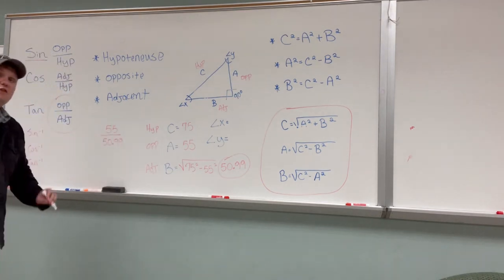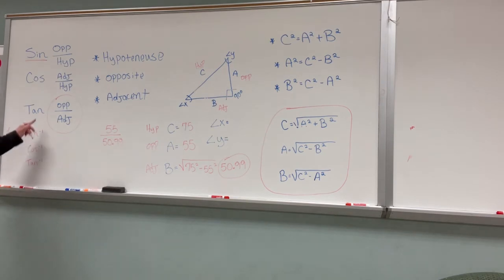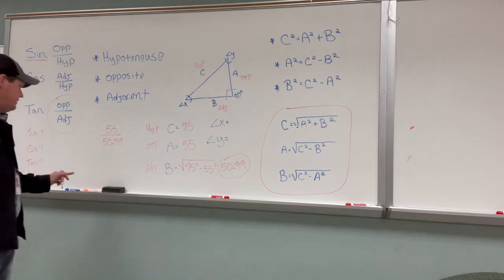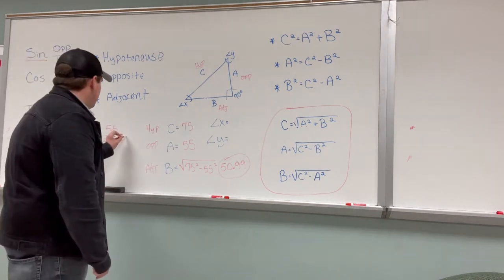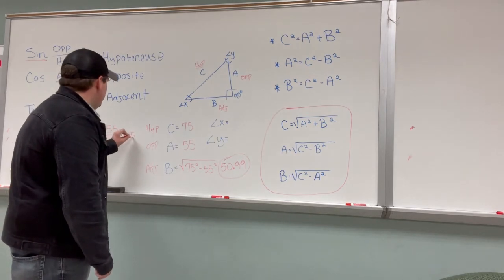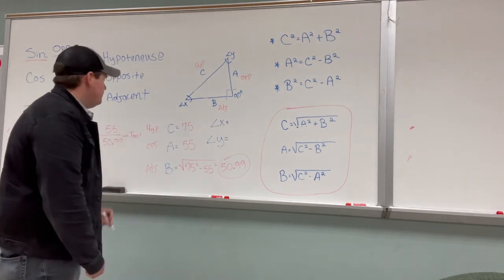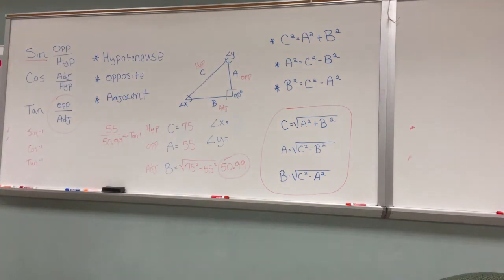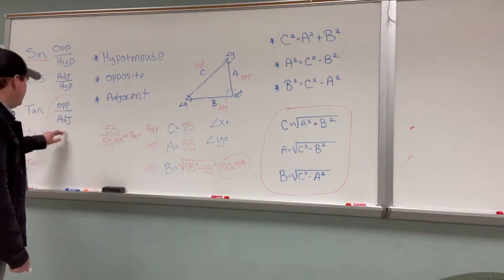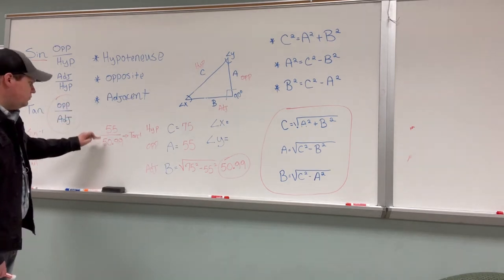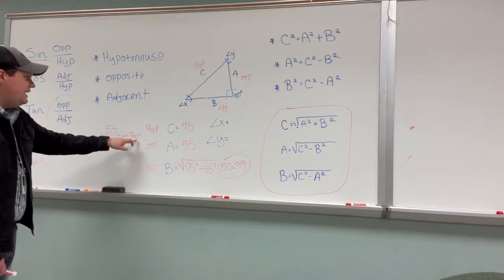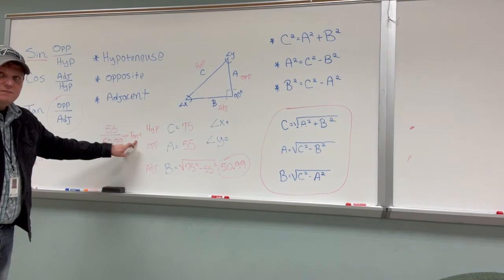And that should give you a decimal. And then what function did I just do? Tan. So I'm going to take the inverse tan of that. Okay? So I just did the function, opposite over adjacent, and then take the inverse of that.